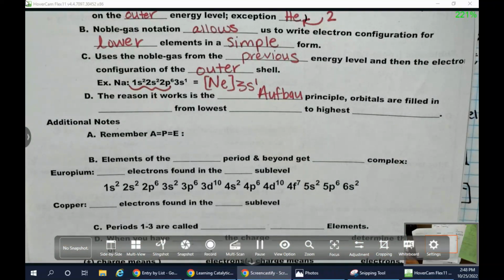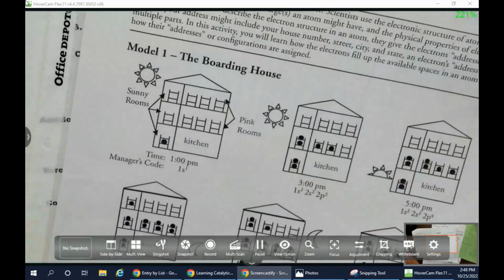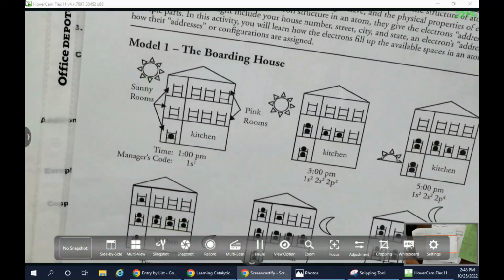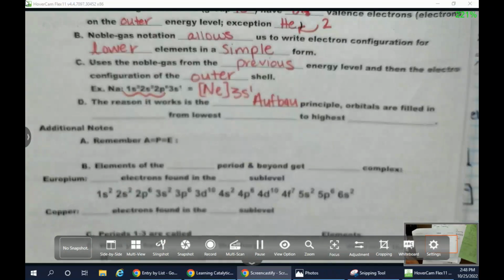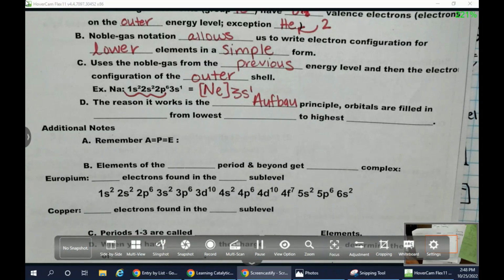Okay? The Aufbau principle, that was a funny name from your POGIL, okay? You had to learn about all the different rules that the manager had. One of them was that you had to fill up the first floor first, then the second floor, then the third floor. That's Aufbau principle. You start with the first energy, you start at the top of your periodic table, and you have to go in order. And you have to fill up S before P, right?